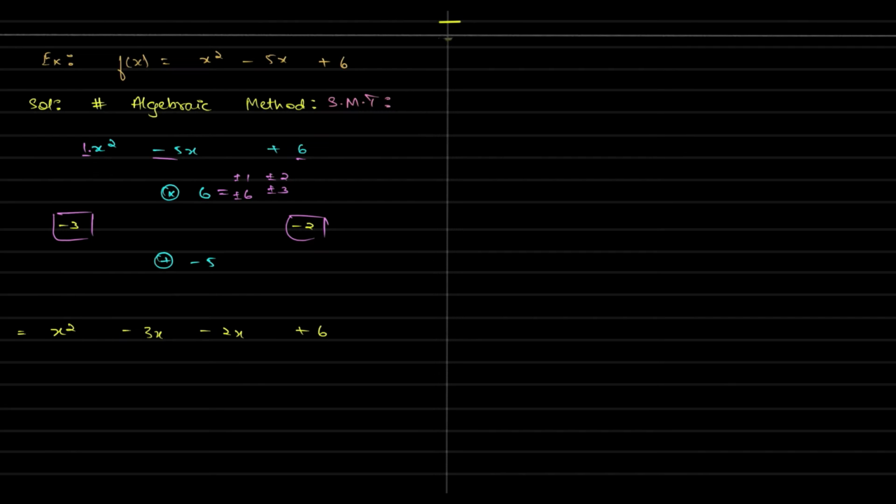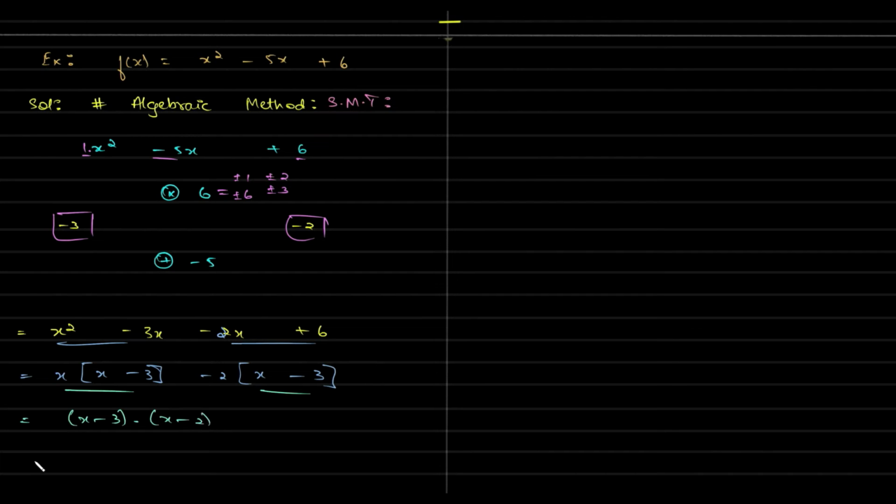Now let's figure out the common factor. In the first set of terms we have x, so x times x minus 3. In the next set of terms we have -2, so -2 times x minus 3. Again, I'll explain this in detail in time. So the common factor between these two terms is x minus 3, and you're left with x minus 2.